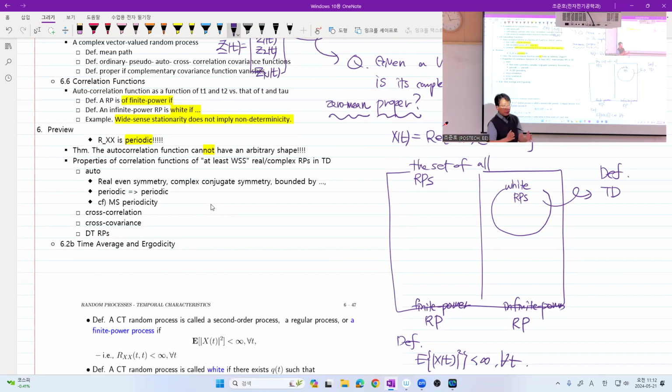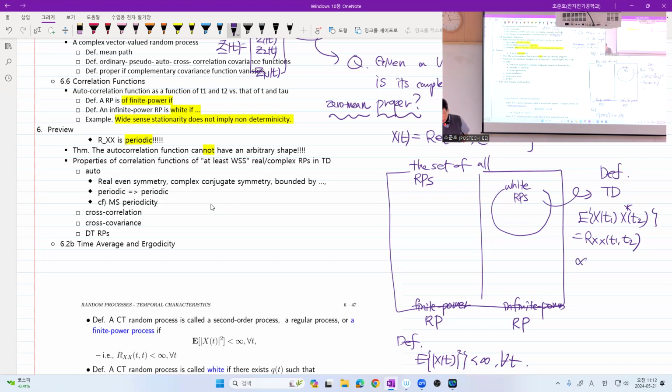Your sample taken at t1 and your sample taken at t2, so your x of t1 and x of t2, if it is complex, of course, you need to take the conjugation, and then you take the expectation, which is simply the autocorrelation function.